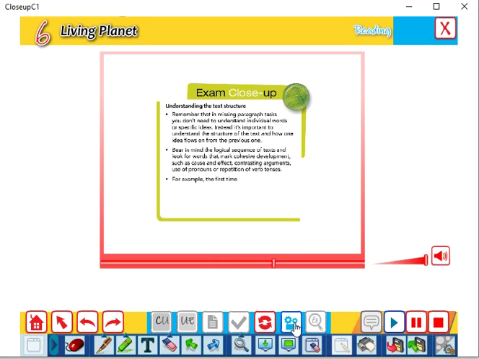For example, the first time a person is mentioned in a text, he or she is usually referred to using their full name and title. Any following references to the same person may use only the person's first or last name. This could be crucial in helping you decide where to place a missing paragraph.